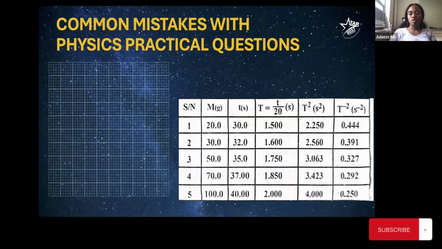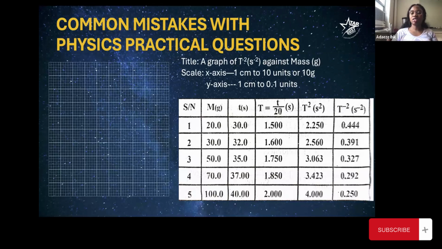For you to get to the scale, it's important to think of what should be your y-axis and what should be your x-axis. And that brings us to the title. What the title tells you is what your y will be and what your x will be. So when you hear a graph of T raised to power minus 2, that means that's your y-axis.